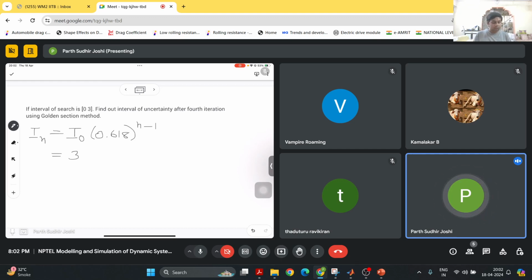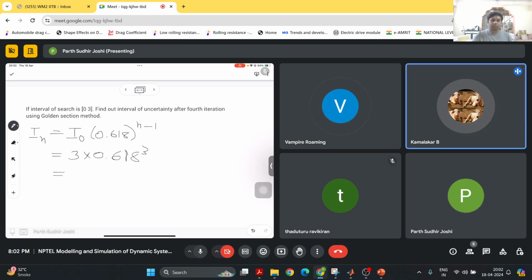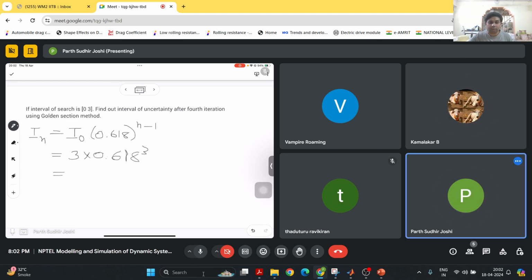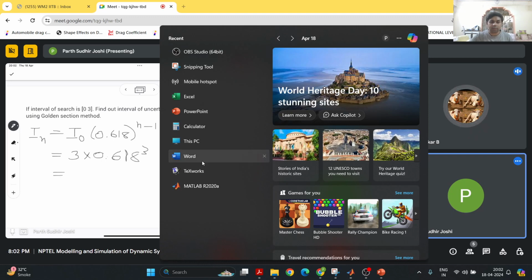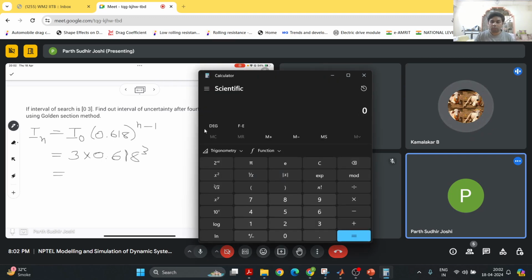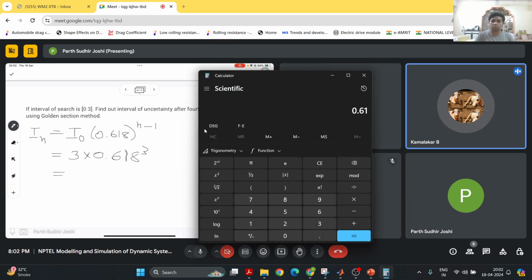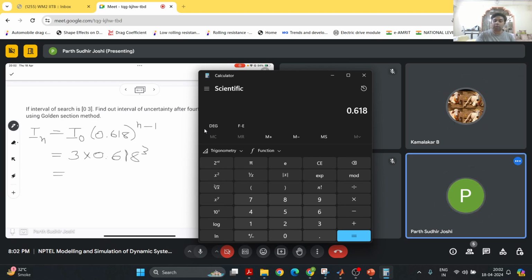So it will be basically 3 into 0.618 raised to 3. What is this? I0 is maximum minus minimum. Yeah, okay. So if 2 to 3 is the interval, you'll be putting it as 3 minus 2 and hence only 1 as I0. Yes. Okay. Thank you.